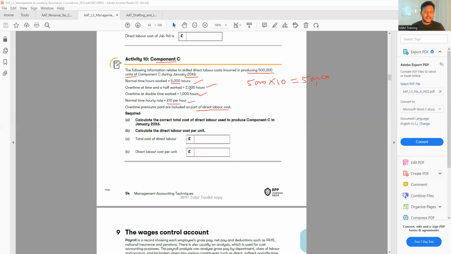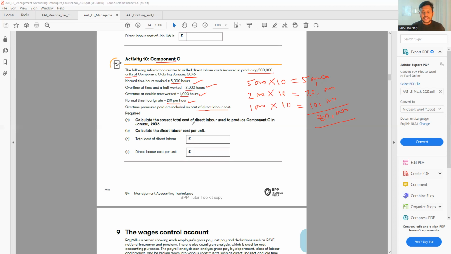The next one, 2,000 times 10, gives us 20,000. And for the 1,000 hours, I take 10 again. Remember, the basic rate is always the same regardless of the premium rate. That gives us 10,000. So the total basic pay is 80,000.